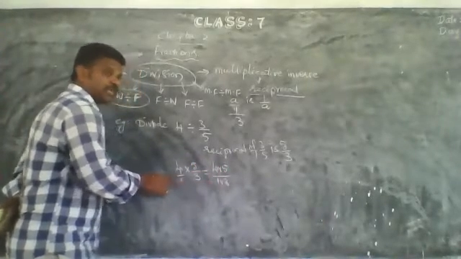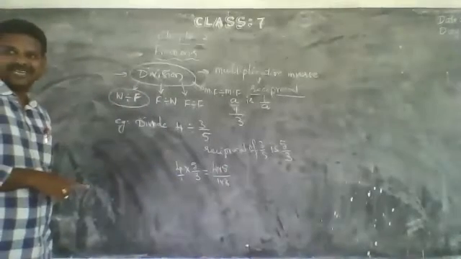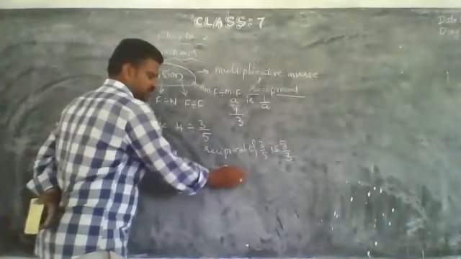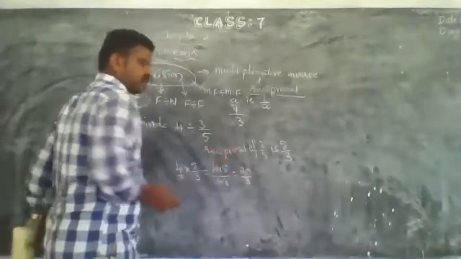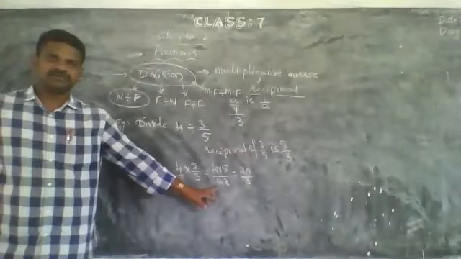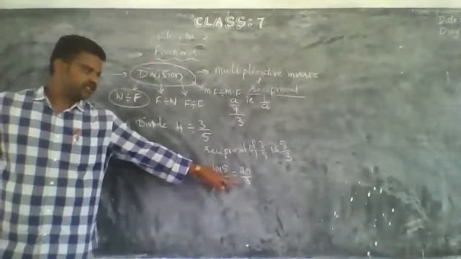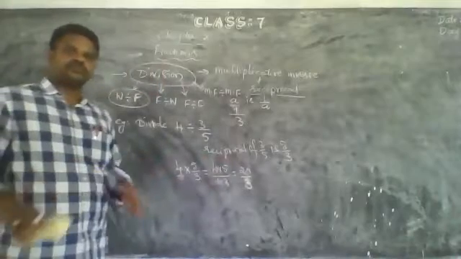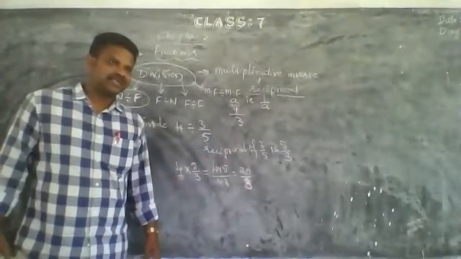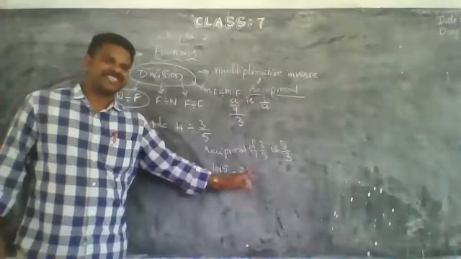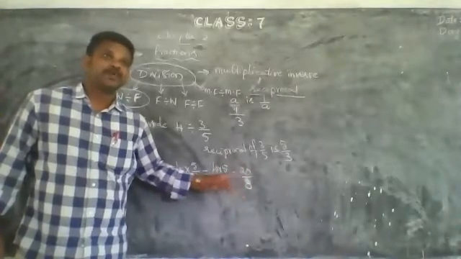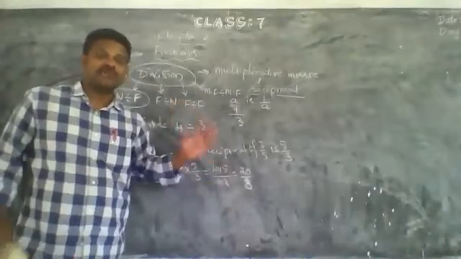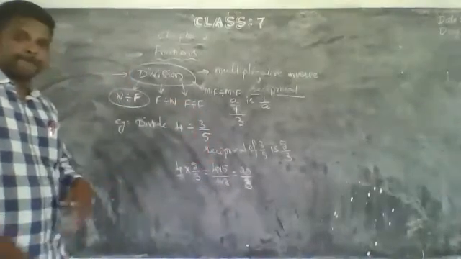The 1 is not there; I wrote it for your understanding. It will not be there. 1 into 3 is just 3. So 20 by 3. Is it in the lowest term? Yes, because there are no common factors for 20 and 3. Okay?